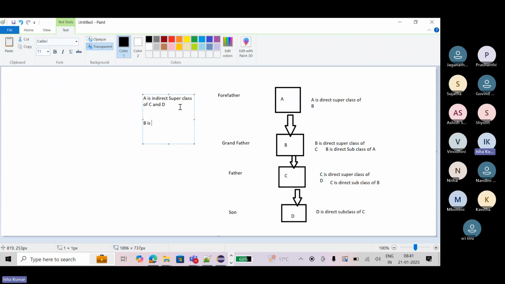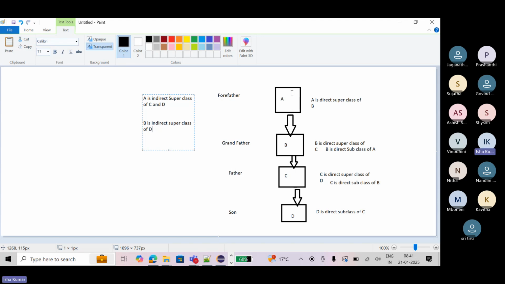So B is an indirect superclass of whom? D. Correct. So this is multi-level inheritance. There will be multiple super and subclasses, multiple direct super and subclasses, and multiple indirect super and subclasses.